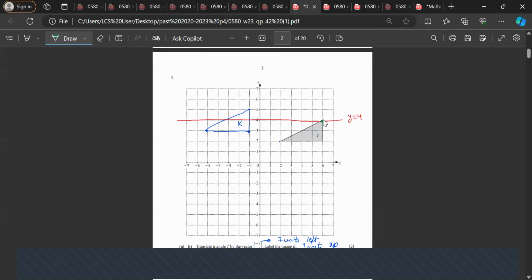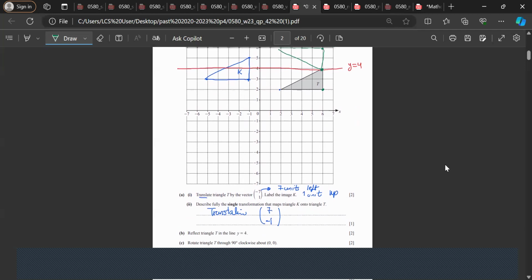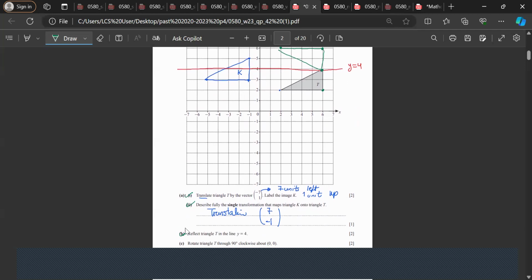If the point is on the line, it will be the same. Then reflect this one: I will count to the line, 1, 2, then two up. Count again, 1, 2. So it will be here. Then join. Done. He said no name, so name it.